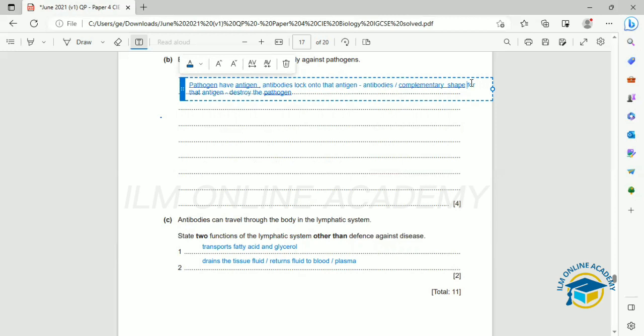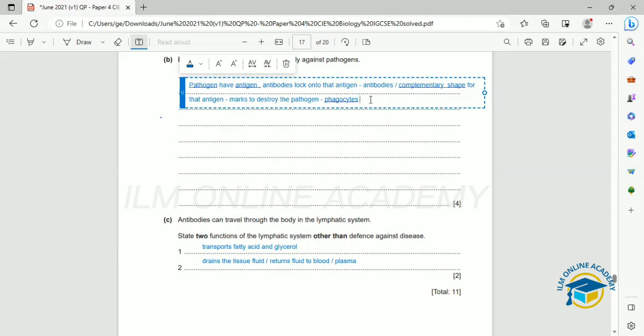That way the antibody is going to mark the pathogen for destruction, to destroy the pathogen, and that destruction might happen by phagocytes. Phagocytes play a great part in your immune system.